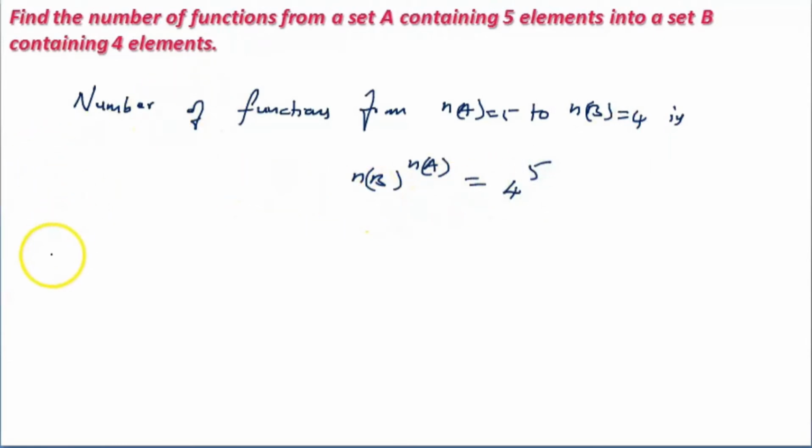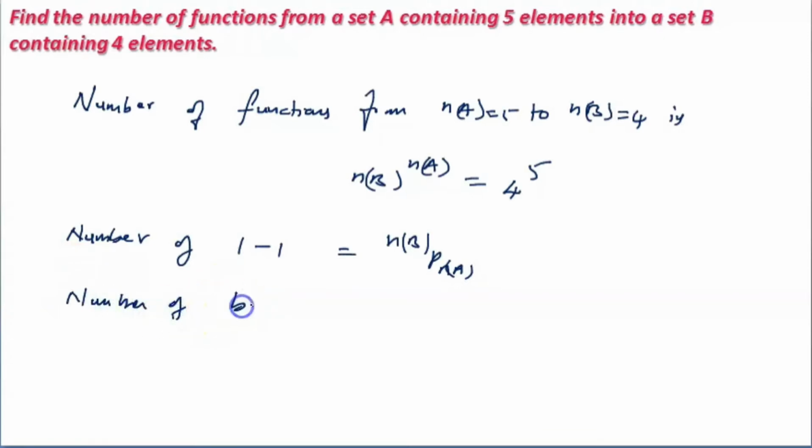So we know that the number of one-one functions is equal to n of B P n of A. The number of bijections is equal to n of A factorial.